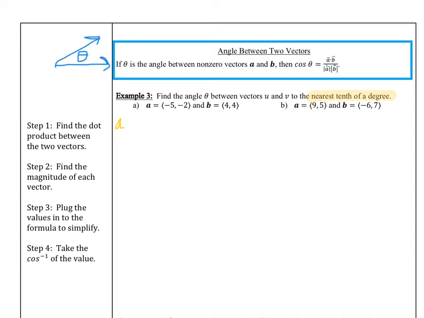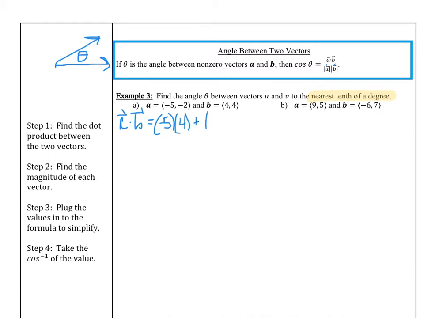Oh, you don't want to use yellow. So I'm going to take A and I'm going to multiply it by vector B. And if you remember, that's the dot product that we were just doing on the previous page. So I would take my x-coordinate of -5 and I would multiply it by the x-coordinate of B, which is 4.